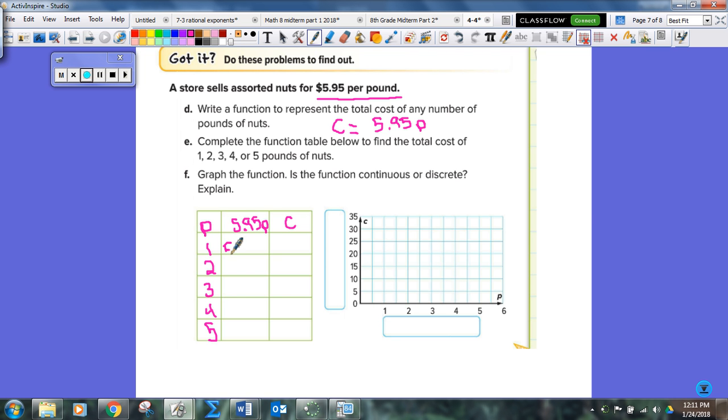Here I'm going to do $5.95 times 1, $5.95 times 2, etc. Please fill that out. And then for the last column, I'm going to actually multiply those things. So when I multiply those things, I get $5.95.